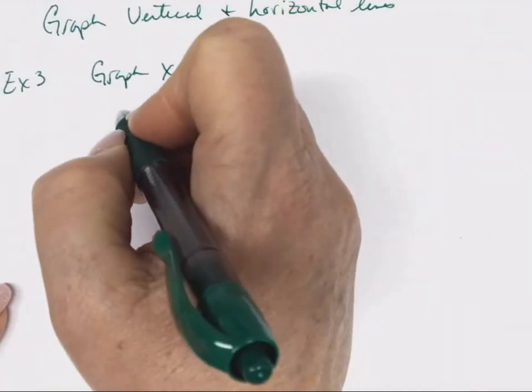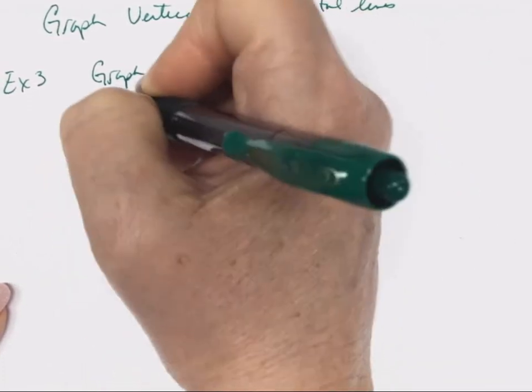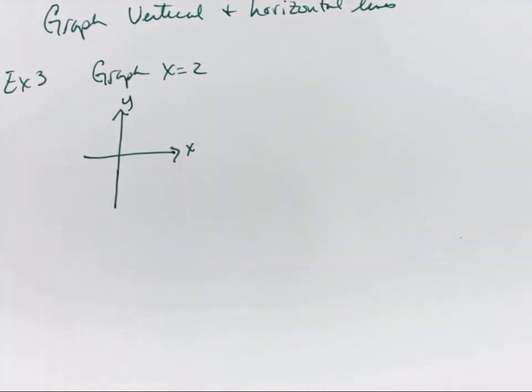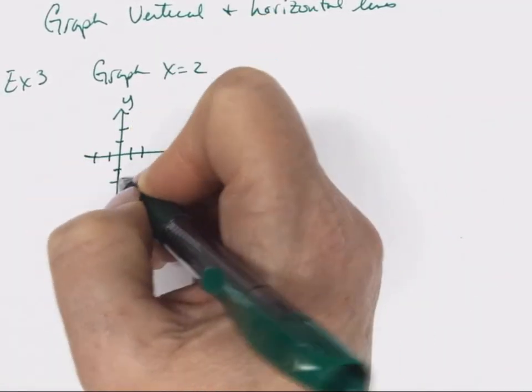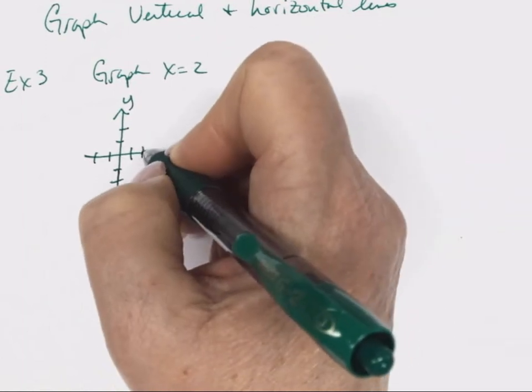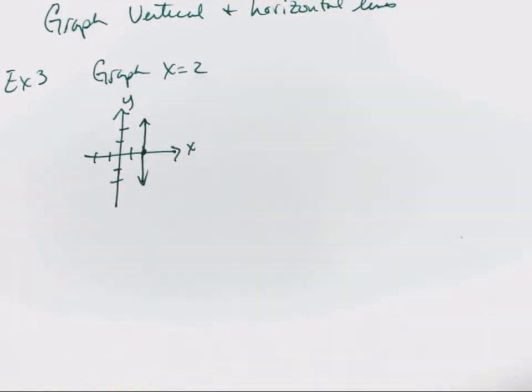So when we are graphing this, we are used to a slope, we're used to lots of points. In this case, we are just graphing x equal to 2, which is right there. It will be this line that goes through x equals 2.